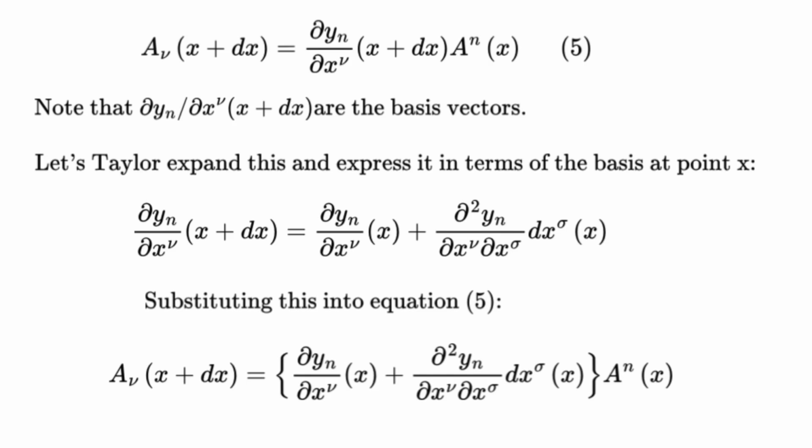Note that partial y^n over partial x^nu are the basis vectors. Let's Taylor expand this and express it in terms of the basis at point x. Substituting this into equation 5.